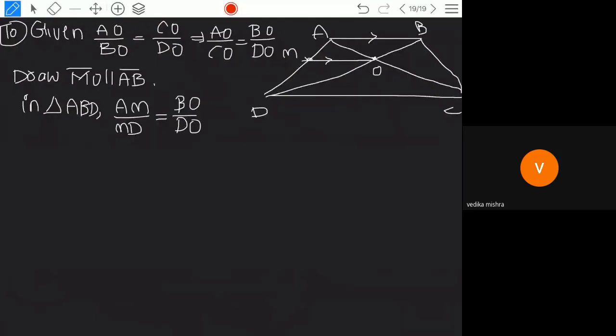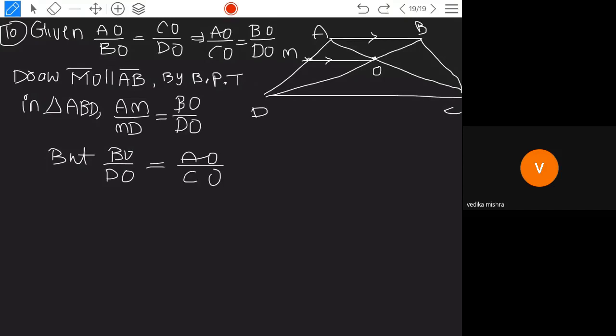By basic proportionality theorem, in the triangle ABD, I have drawn a parallel line. From that you are going to get AM by MD is equal to BO by DO. But BO by DO is equal to AO by CO from here.